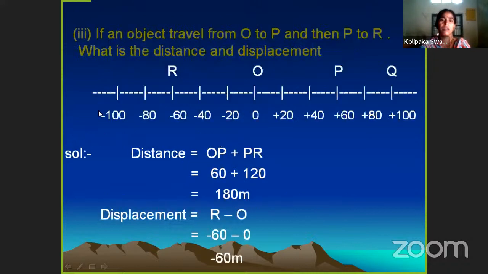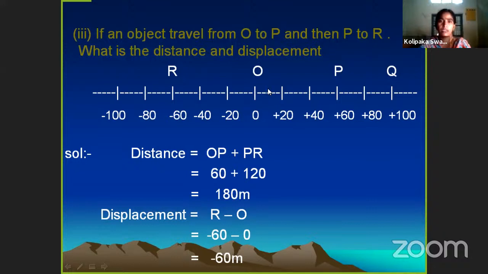See, next example. Suppose on this meter scale an object travels from O to P and then P to R. What is the distance and displacement?